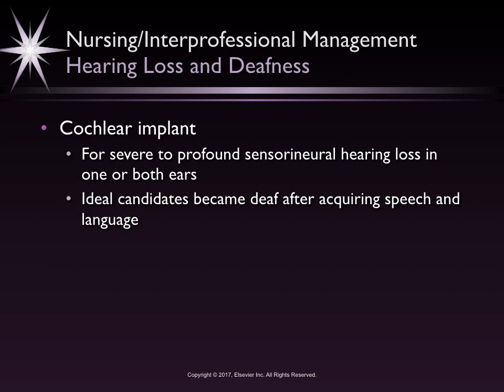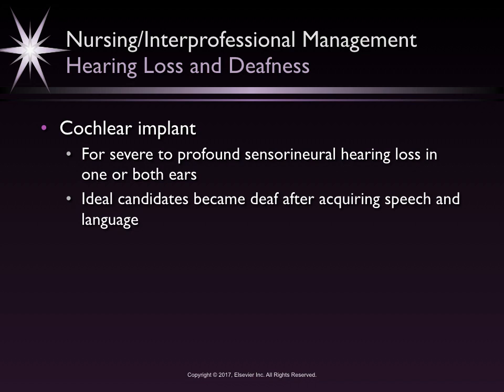For patients with conductive and mixed hearing loss, the cochlear Baha system may be surgically implanted. That system works through direct bone conduction, and it integrates with the skull bone over time.